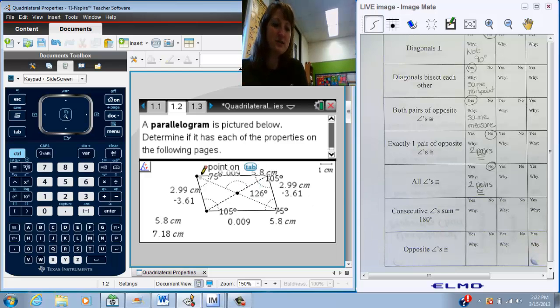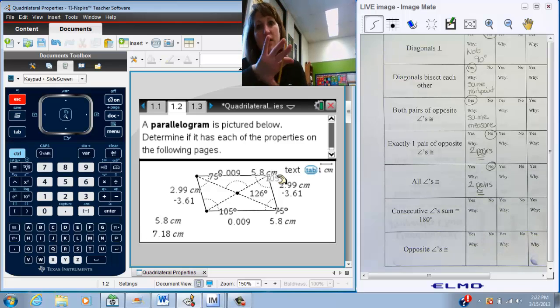So if I look at this angle up here in the upper left, and I look at one next to it, like the upper right, one is 75 and one is 105, and they add up to 180. If I look at another pair, like the two pairs that are on the right-hand side, they add up to 180. The two angles on the bottom that are next to each other add up to 180, and the two angles that are on the left-hand side that are next to each other add up to 180.